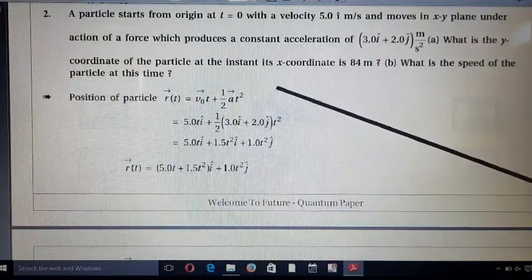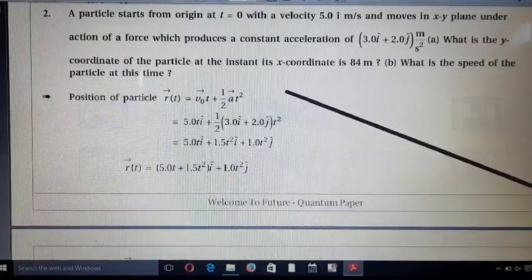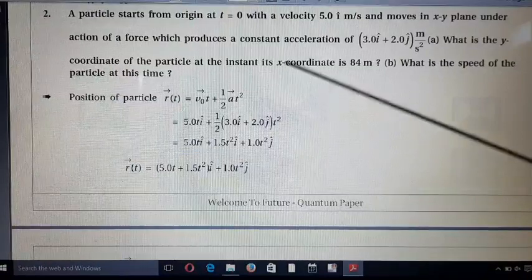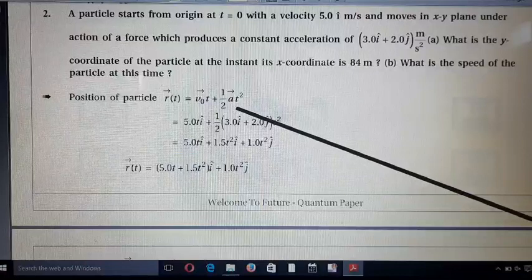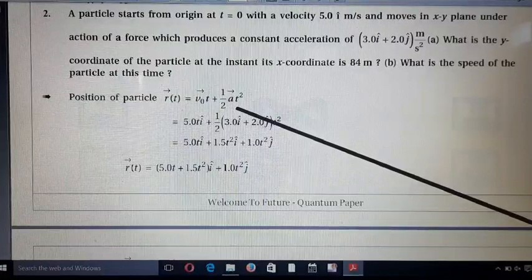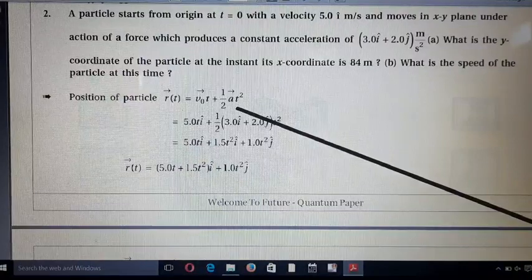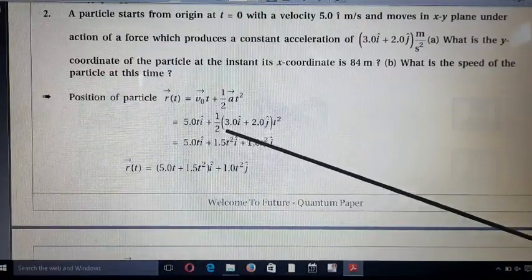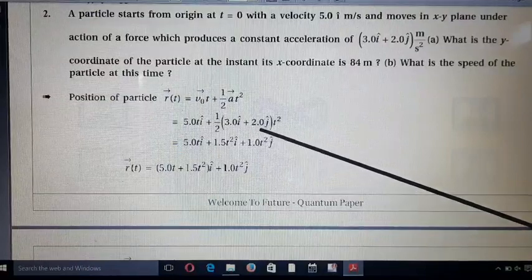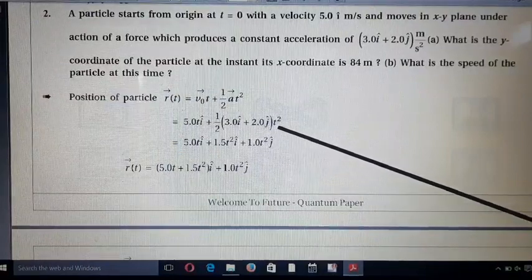So now we have the formula for the position of the particle: r(t) = v0 t + 1/2 a t². In this formula, the values of velocity and acceleration are substituted. So we get 5t i-caret + 1/2 (3 i-caret + 2 j-caret) t².